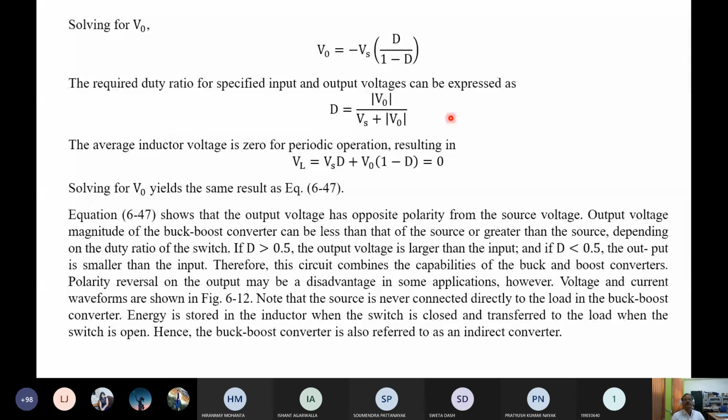Sir, I am asking, if D is greater than 0.5, values of capital T are taken. Value of capital T? Here, sir, for different values of capital T, we can have the same value of D, because D is a ratio. So I am asking about fixed frequency operation.